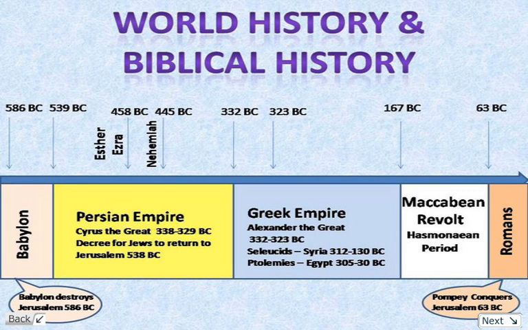Then a key date, 332 BC, we have Alexander the Great, and the great Greek Empire comes to power.